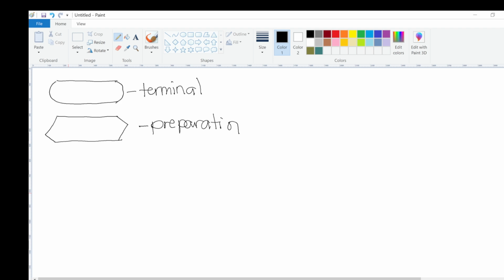We also have the input output symbol that is represented by a parallelogram.